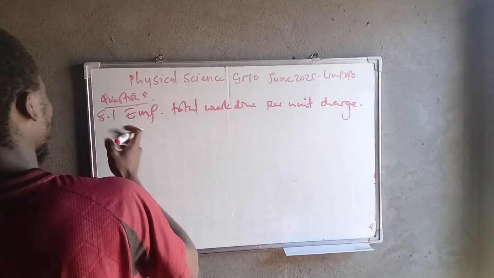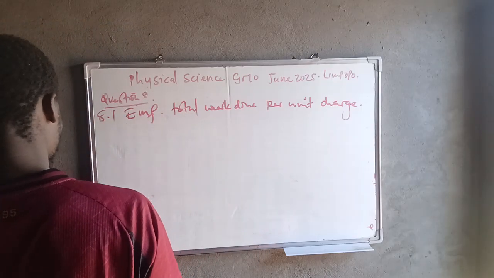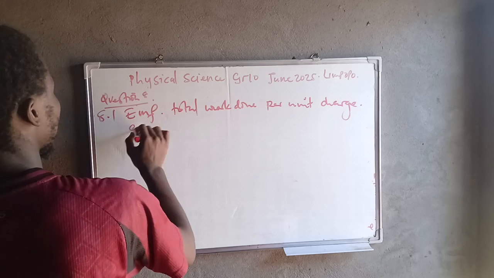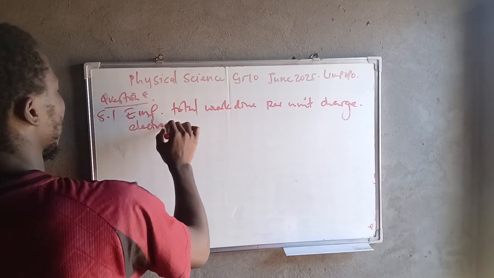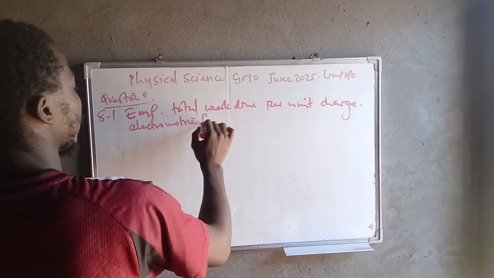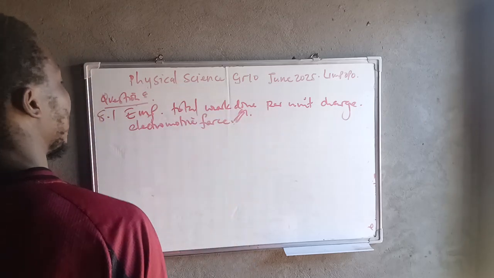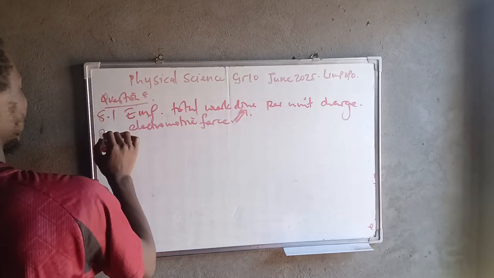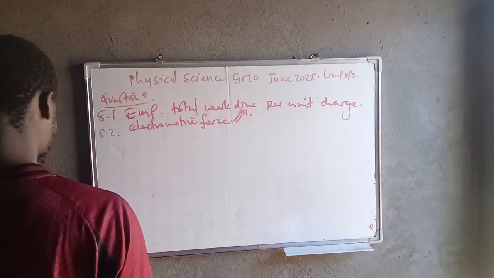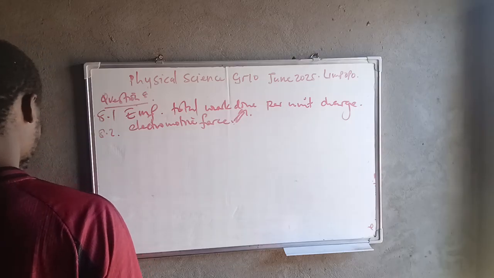So let's write: electromotive force is the total work done per unit charge.